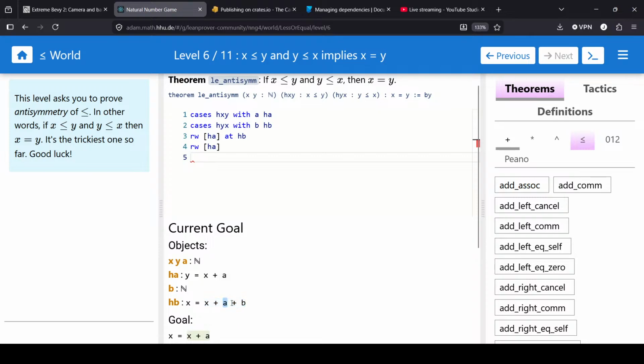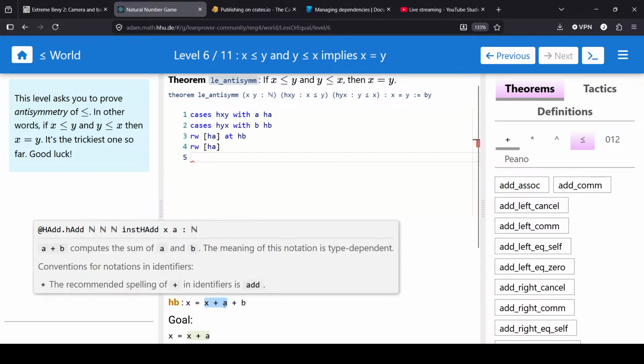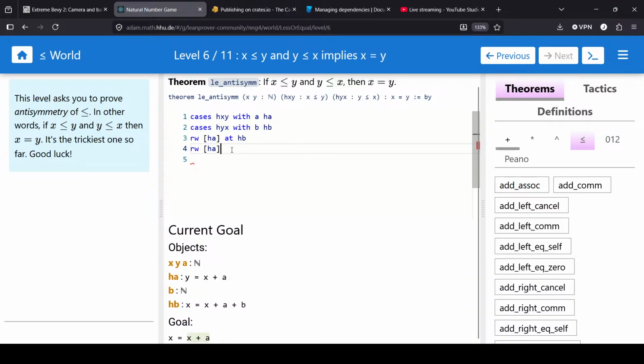What to do with you though? Maybe I'm thinking about this wrong. Like, did I not want to do this rewrite? Because I could do this rewrite on the goal at any time. I could do it earlier here. X equals y plus b.